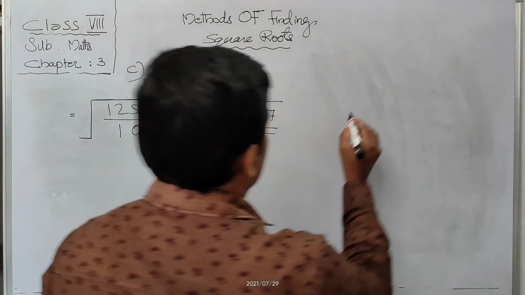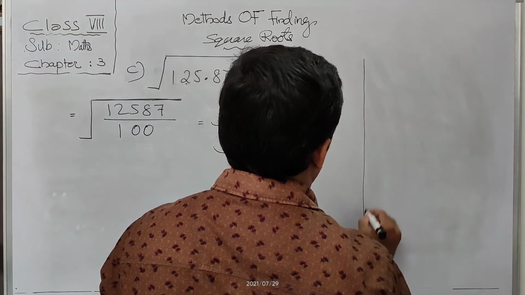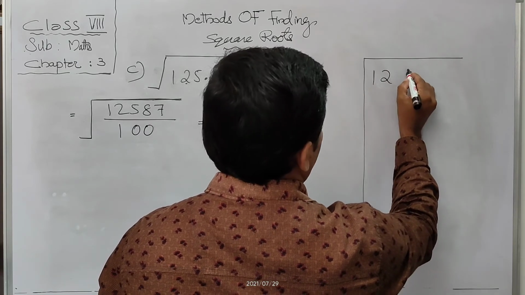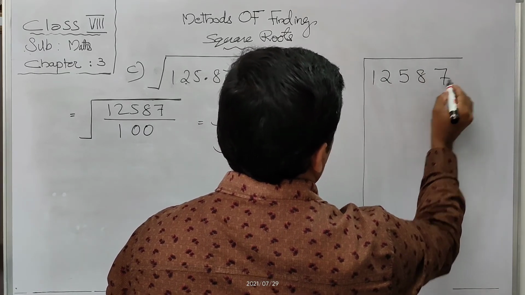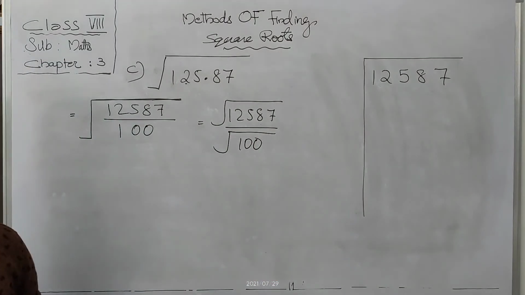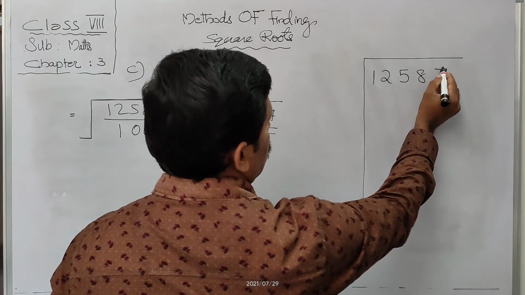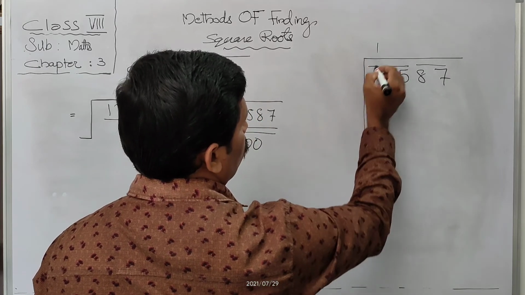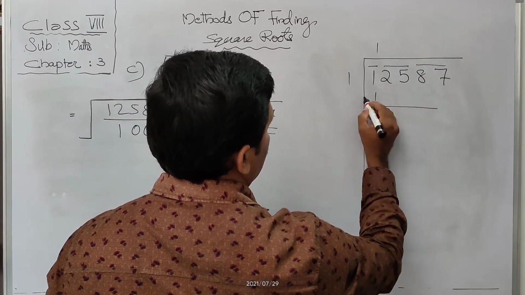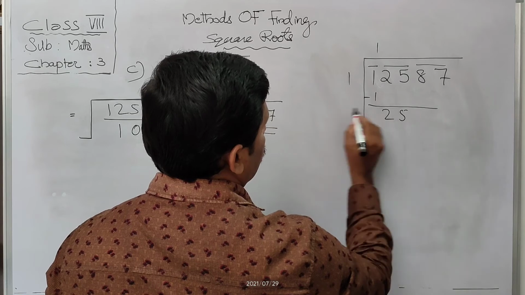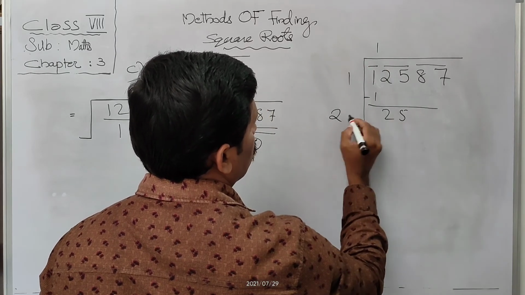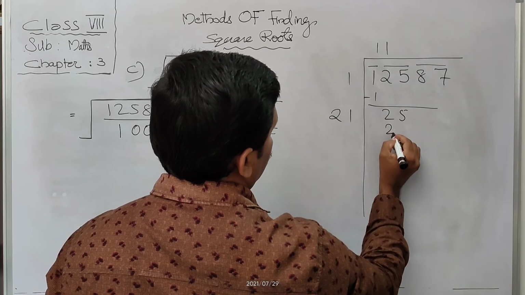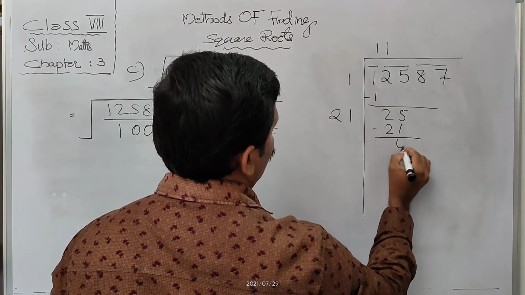So first we find the root of the first number using the long division method, the root of 12587. We group it and we get 1. First group 1, 1 ones are 1. Then subtract. Next group 25, double of this 1 is 2, then 21. If we replace here 1, then we get 21, and then subtract, 4.